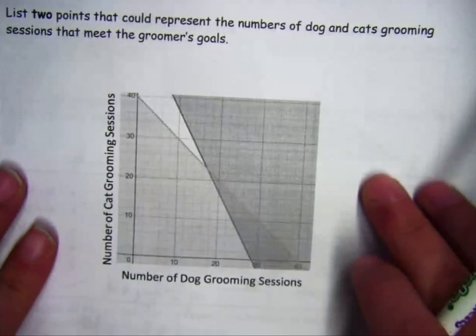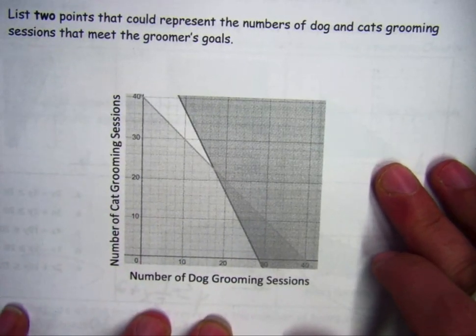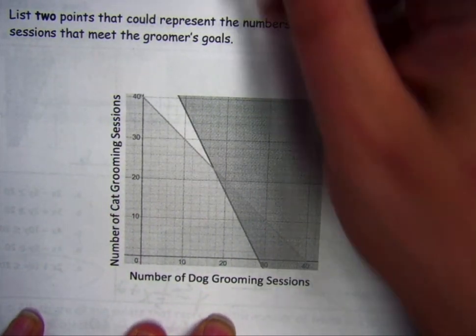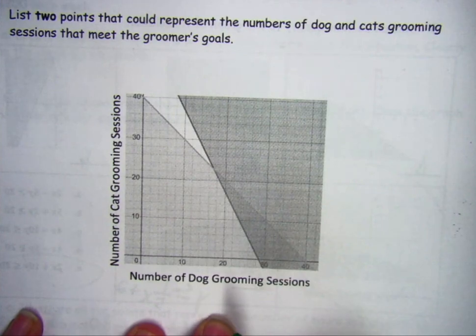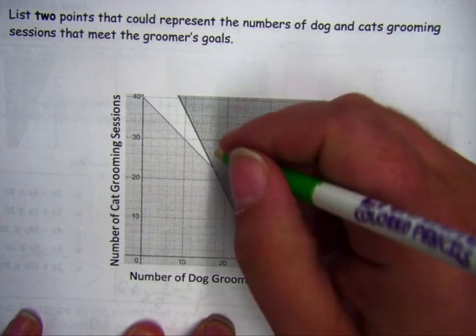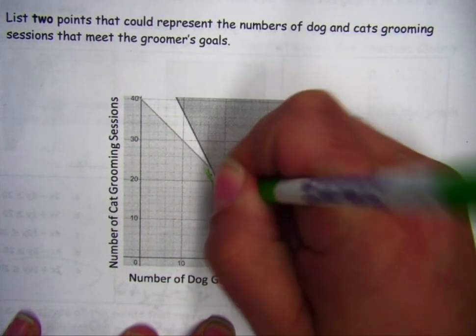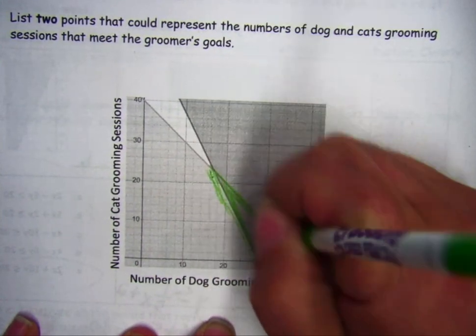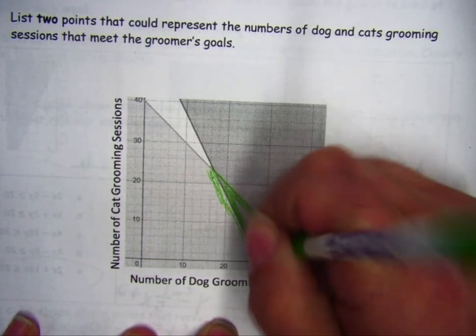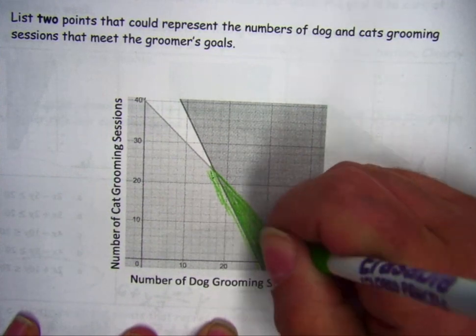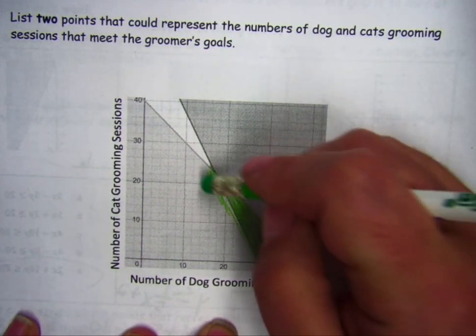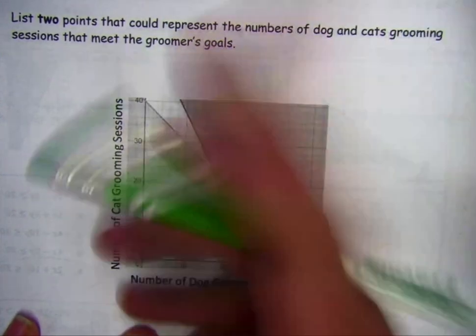So these are the sessions, okay? We have a system of equations happening here, okay? Now, just from looking at this, I can tell this area is where the graphs overlap, okay? So I want to look for a point in that area.